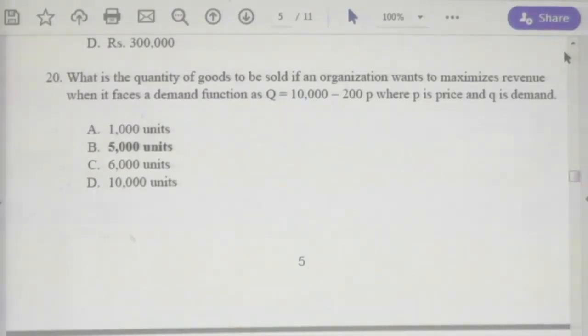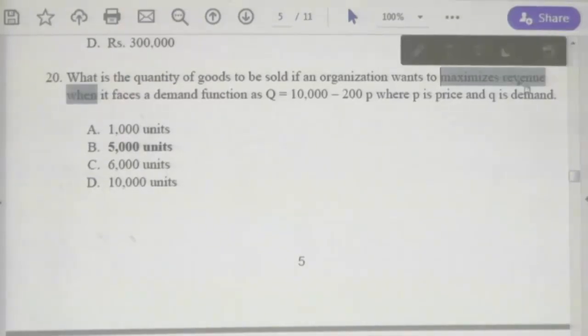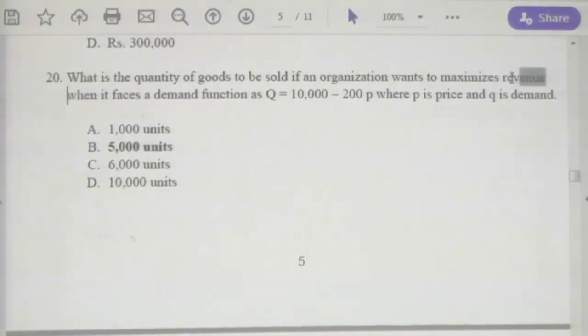Now their question is, what is the quantity of goods to be sold if the organization wants to maximize their what? They want to maximize their revenue.